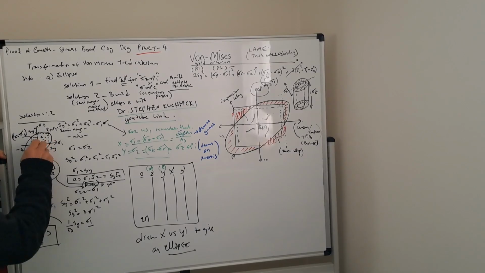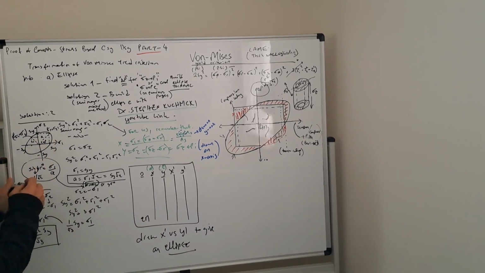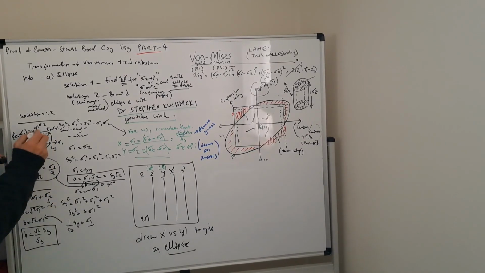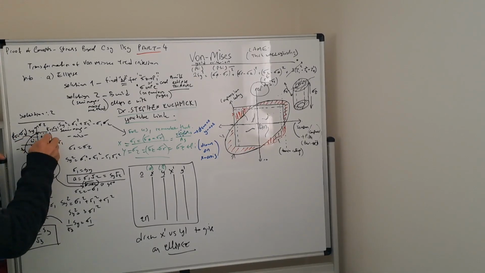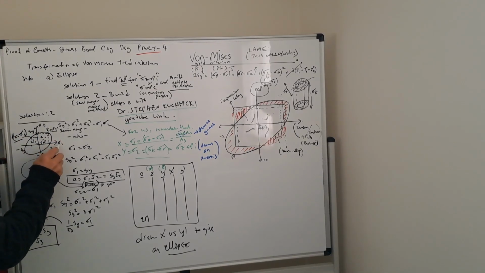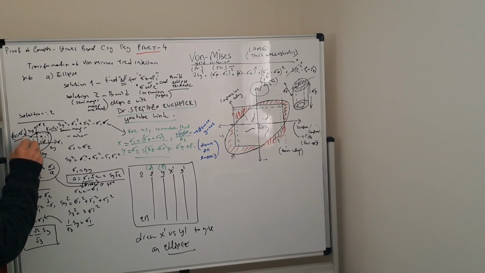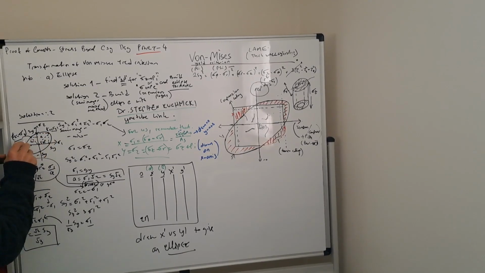So he called this A, semi-major, and semi-minor B, and at this point you have stress 1 and stress 2, and they are equal. Over here, however, stress 2 is equal to minus stress 1.